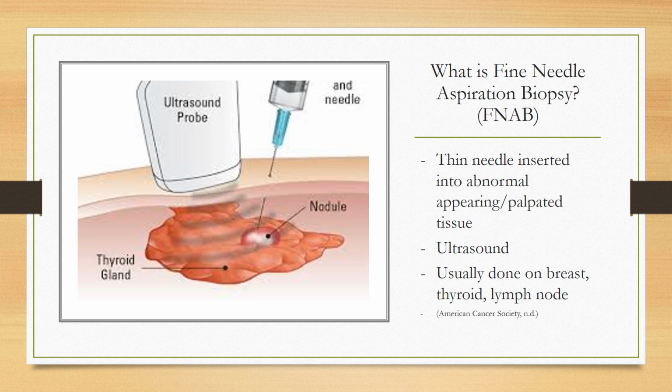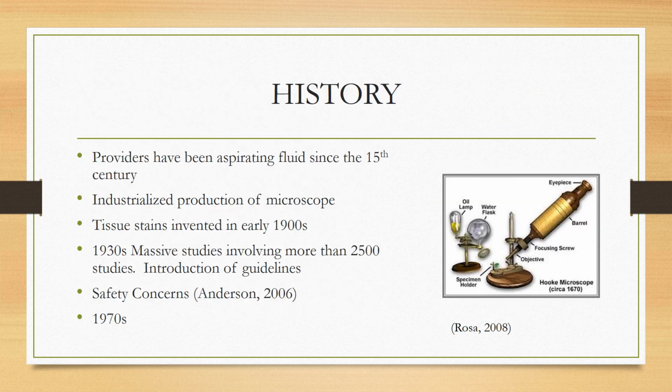Oftentimes, providers will use an ultrasound probe to make sure that they are in the right location and that the aspirate material is indeed of the mass. And usually this study is done on breast lesions or lumps, any sort of thyroid growths, or lymph nodes.